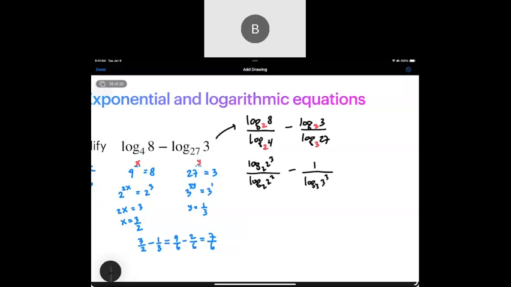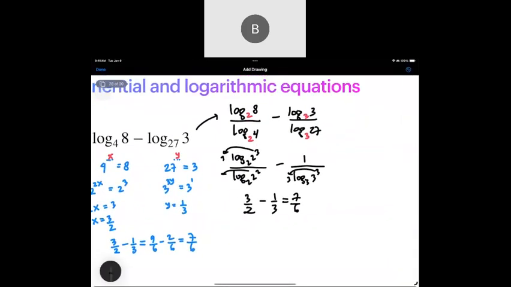This will be log 3 to the power of 3. So this will be going in front. This will be 3 over 2, because log base of 2 is 1, right? And this will be minus, it's going here, 3, right? So 1 over 3, same, 7 over 6. Okay.